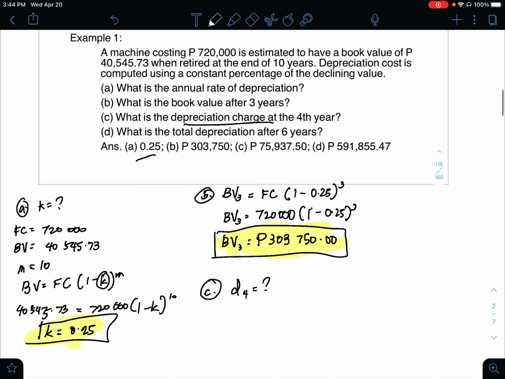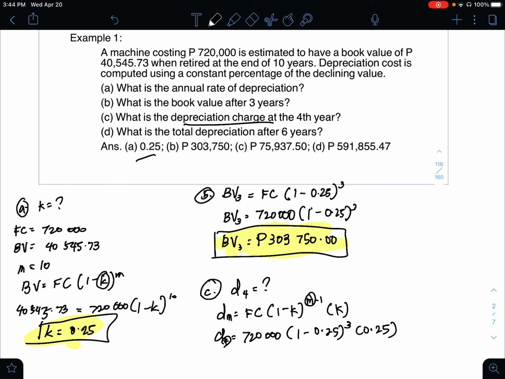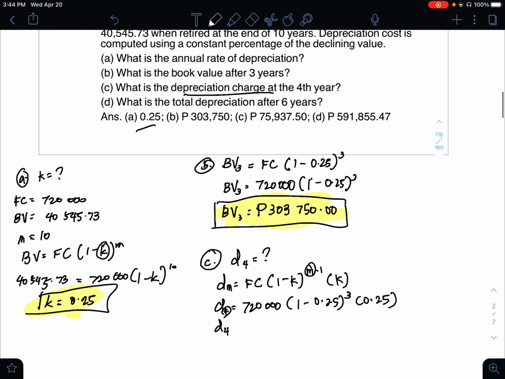So D4 is 720,000 times 1 minus 0.25 raised to the power of 4 minus 1, so that's 3, multiplied by 0.25. So our D at 4 years, or the depreciation at the 4th year, is 75,937.50 pesos.